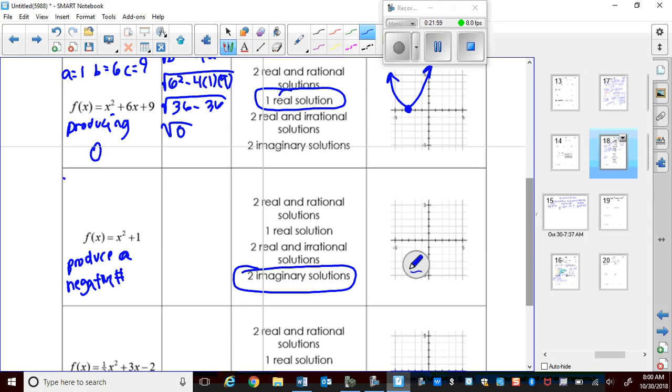Okay? So let's rewrite this: x squared plus 0 times x, there's no x term, so we say 0 times x, minus 1. A equals 1, b equals 0, c equals -1. Putting it inside of my radical, I have the square root of 0 squared minus 4 times 1 times -1, and this equals the square root of 0 minus 4.